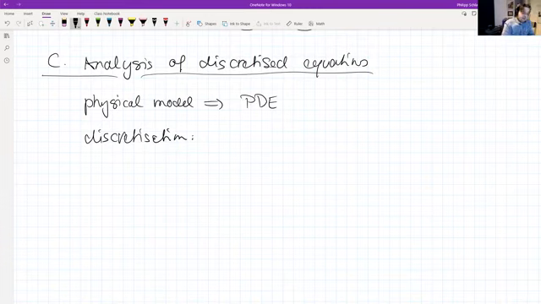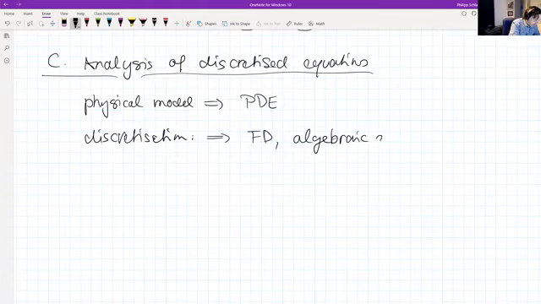So we have done this discretization, and we come up with a finite difference scheme and essentially an algebraic equation, or a system of equations, depending on what we have done. So we're at the stage now where we could actually put that into a computer and calculate solutions. But now the question is, what does the solution of this algebraic system actually look like?